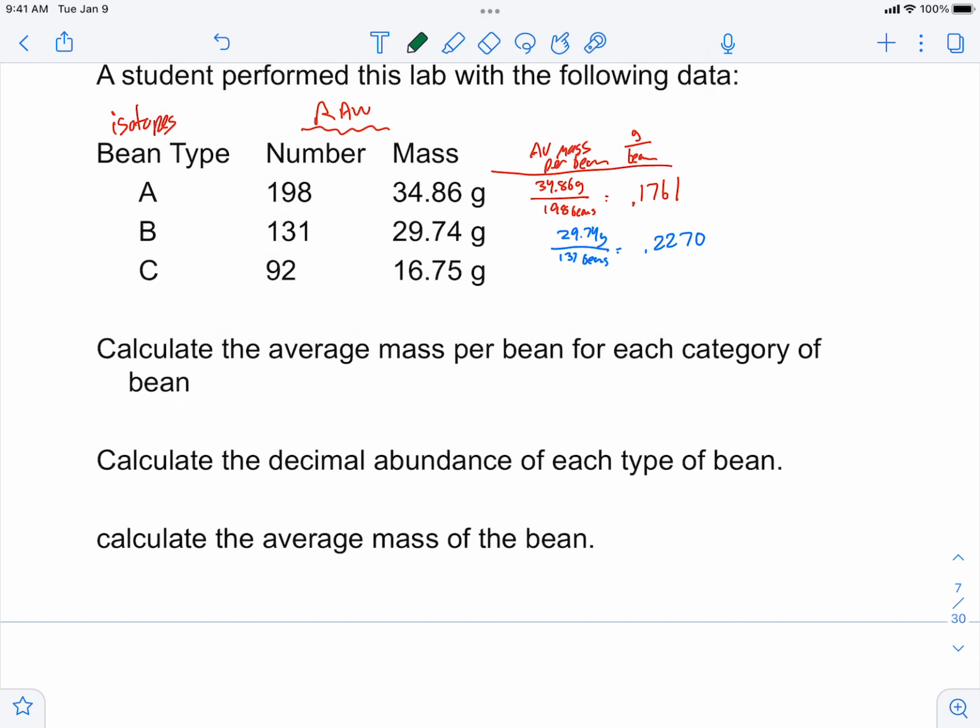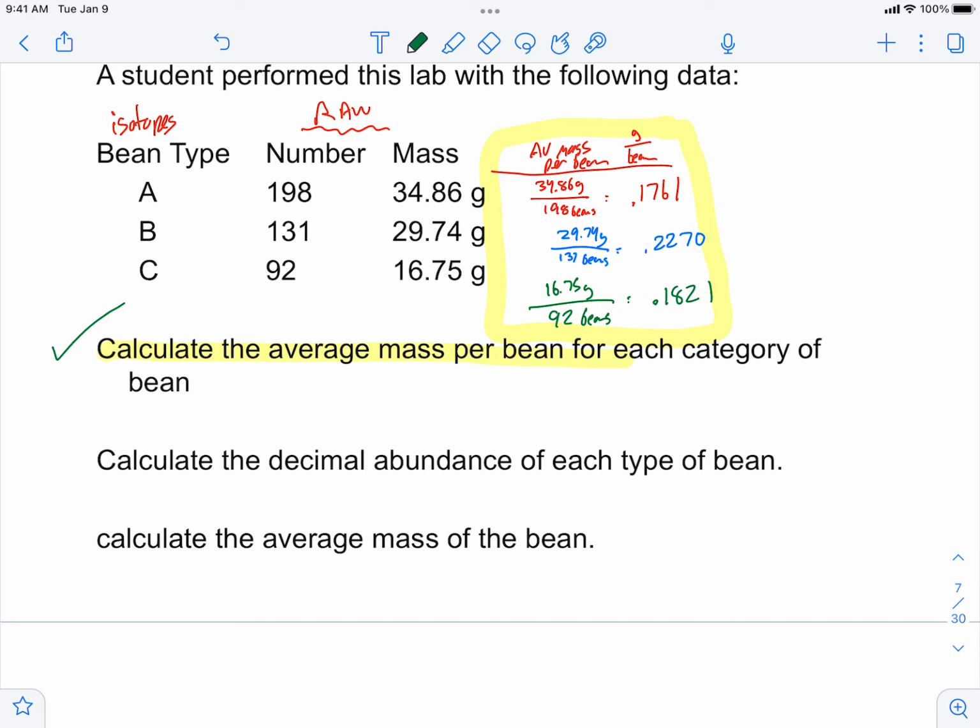And then the last one, 16.75 grams over 92 beans. 0.1821. Okay, so that part's done. That average mass per bean, this section right here.